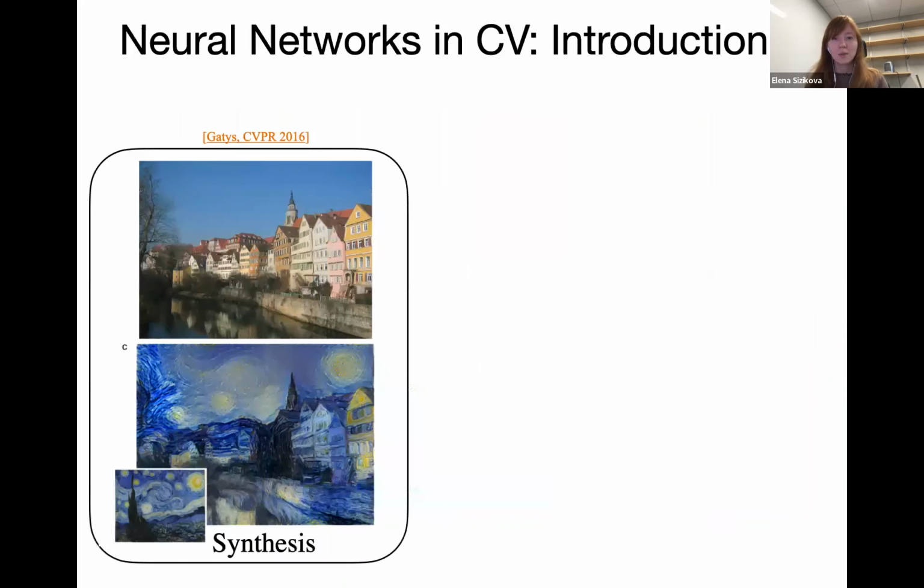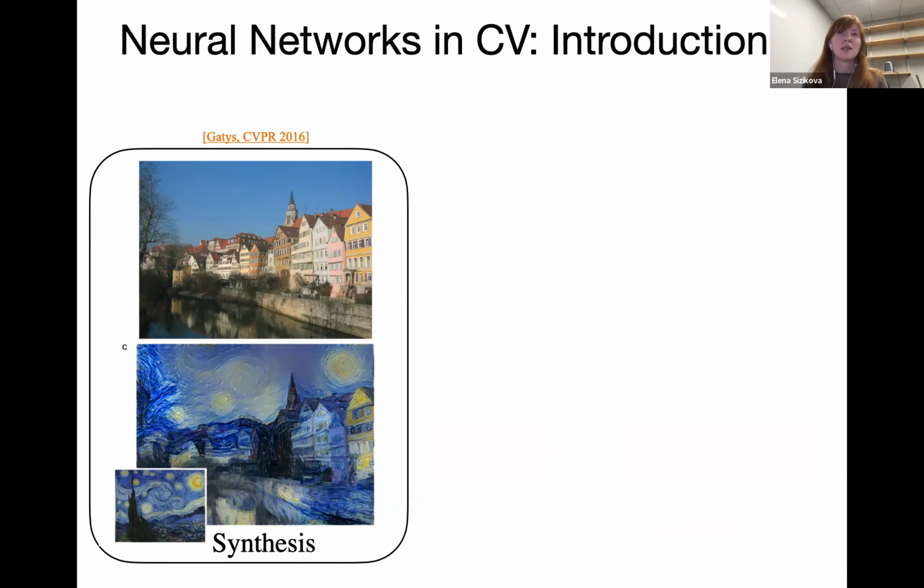Next, I want to jump into neural networks, and point out that neural networks achieve very impressive performance in various tasks of computer vision. For instance, in synthesis, there are some works you've probably seen, like Deep Dream.